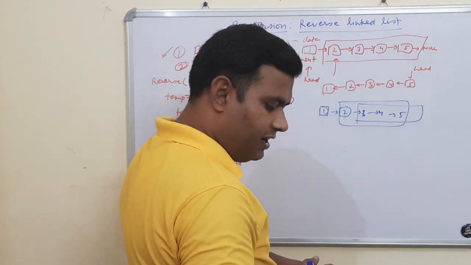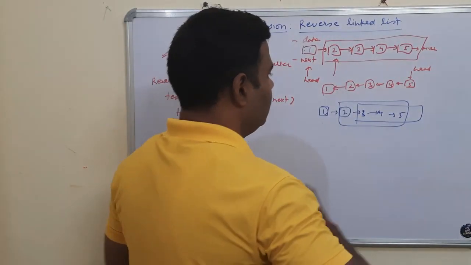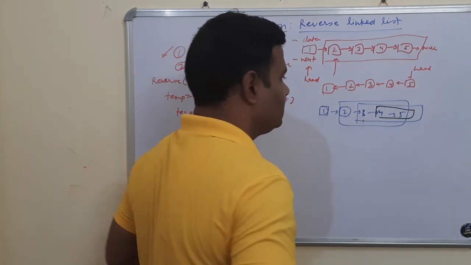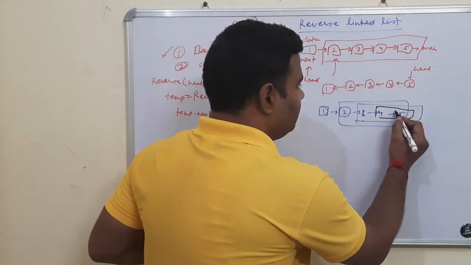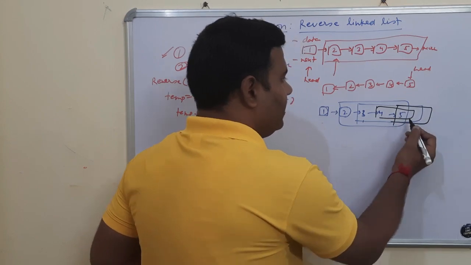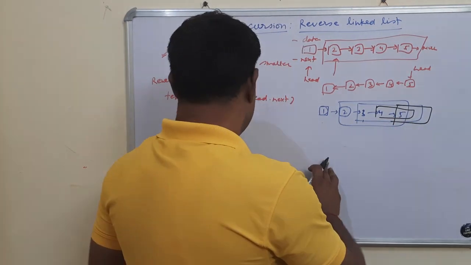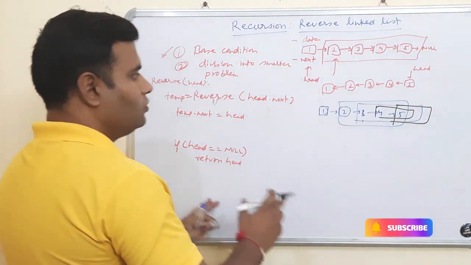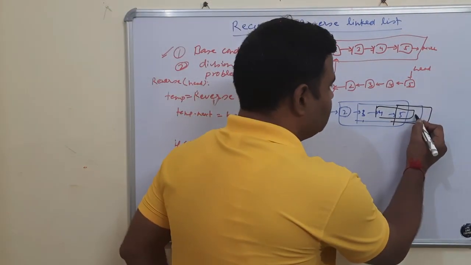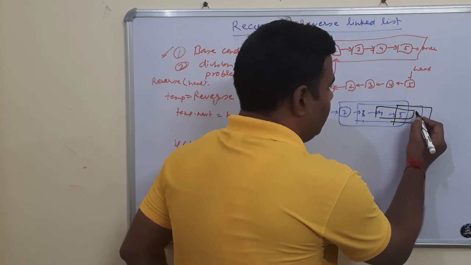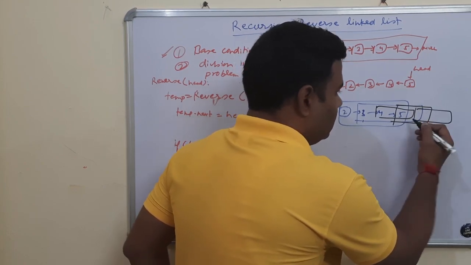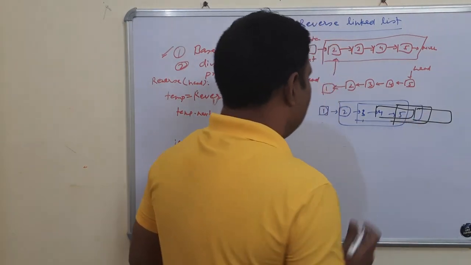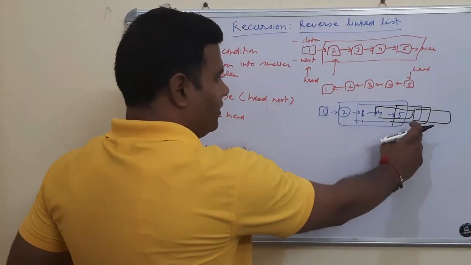Similarly, we are dividing it further. Instead of reversing from here, reverse this, then we will reverse 3. And instead of this, first reverse 5 and then we will reverse this. Now head is not null, right? The condition is head is null. So instead of this, we will say first reverse whatever is null, and then I will reverse this. So the base condition will return from here.